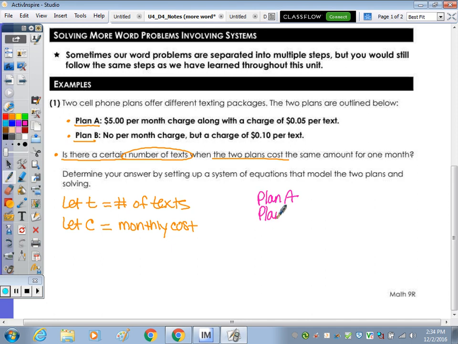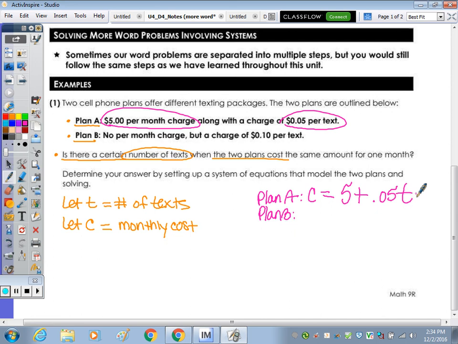The monthly cost C is going to be, we have a $5 monthly charge plus this 5 cents per text. Per is what math operation? Multiplication. Okay, so 5 cents per text, so every text that you send, so 0.05 times T.